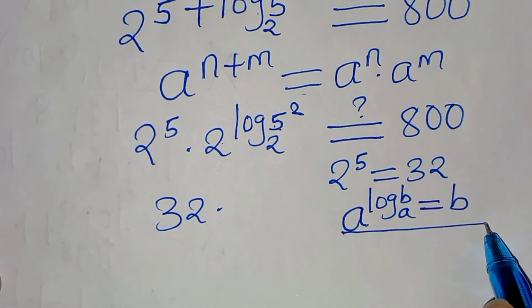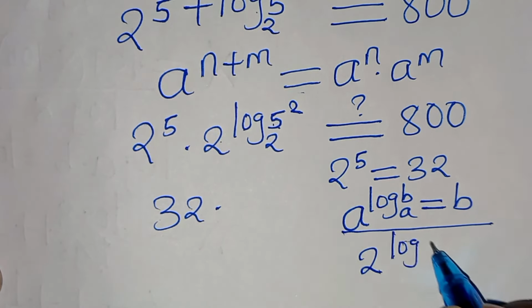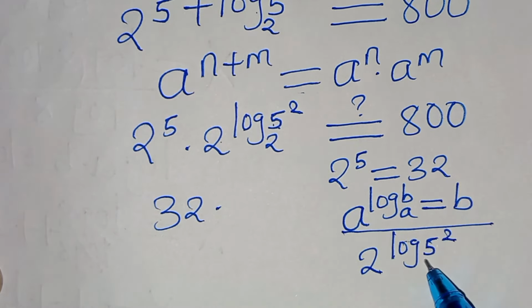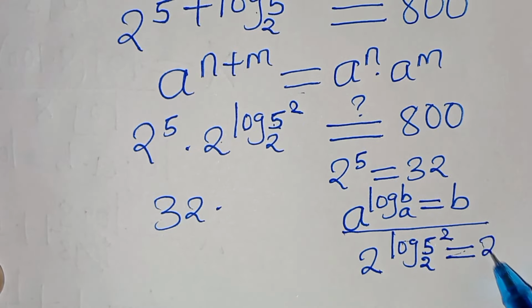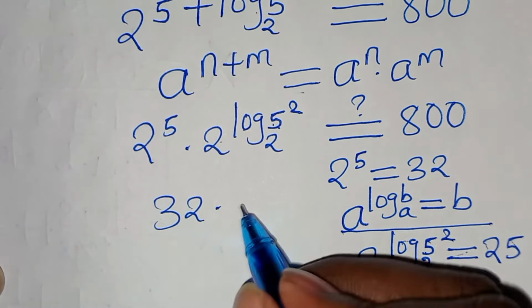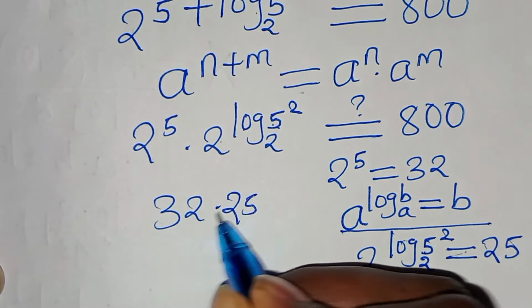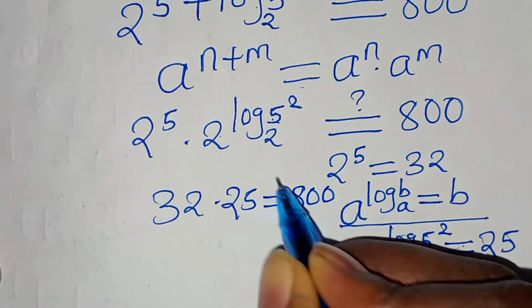Applying this logarithm property, 2 to the power of log 5 squared to base 2 is equal to 5 squared, which is 25. Let's substitute 25 here so that we have 32 times 25. This should give us a value of 800.